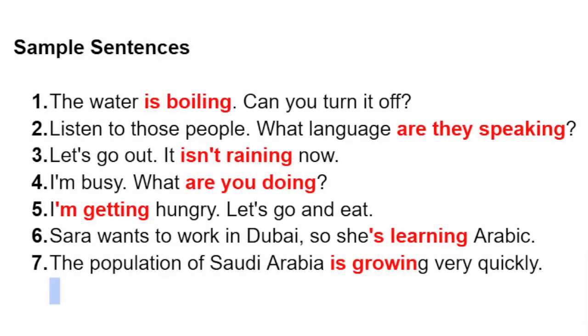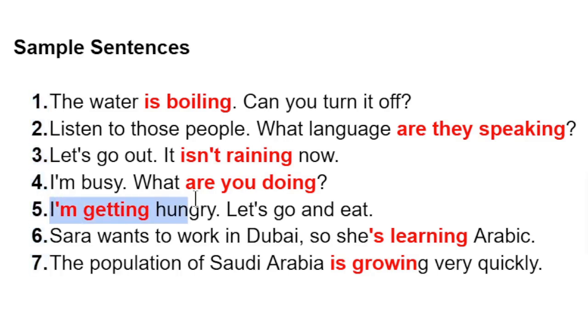Sample sentences. 1. The water's boiling. Can you turn it off, please? 2. Oh, listen to those people. What language are they speaking? 3. Let's go out. It isn't raining now. 4. I'm busy. What are you doing? 5.